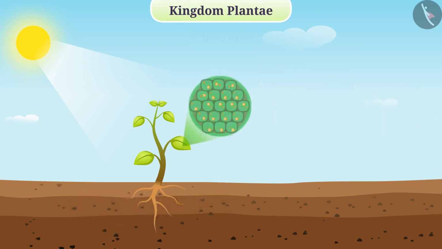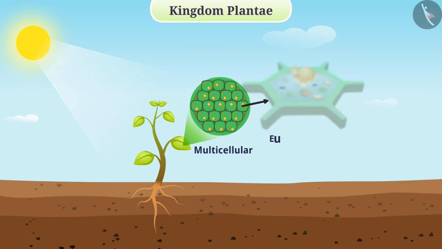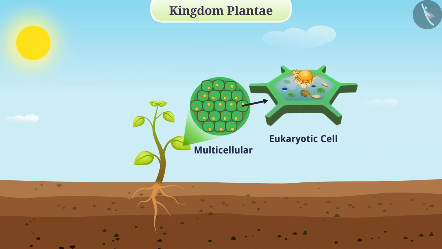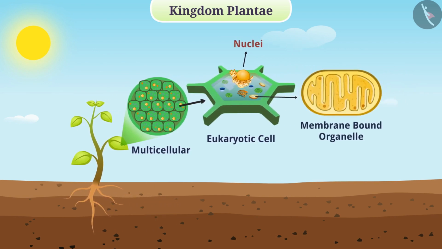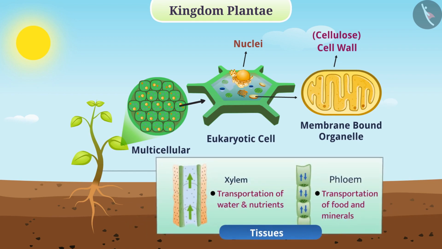They are all multicellular organisms which are formed from eukaryotic cells. That is, they have well-defined nuclei in cells and membrane-bound organelles. They contain cell walls which are mainly made up of cellulose. Different functions in their body are performed by tissues.